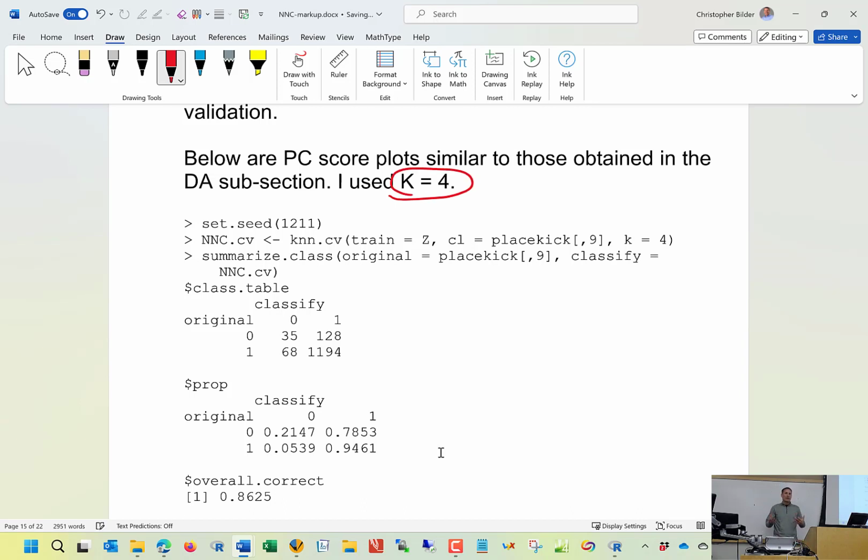I run some of the same kind of code that we just saw with the k, and while we could look at other values of k, I chose k equal 4 here. We're going to look at it with respect to cross-validation. Later in my notes, I also have it for the validation data set. I'm just going to run the same kind of code as before, and this is what we get. Do note that this C number is different than what would have been actually used in that for loop, and so that's why we see slightly different results, but it's very, very comparable.